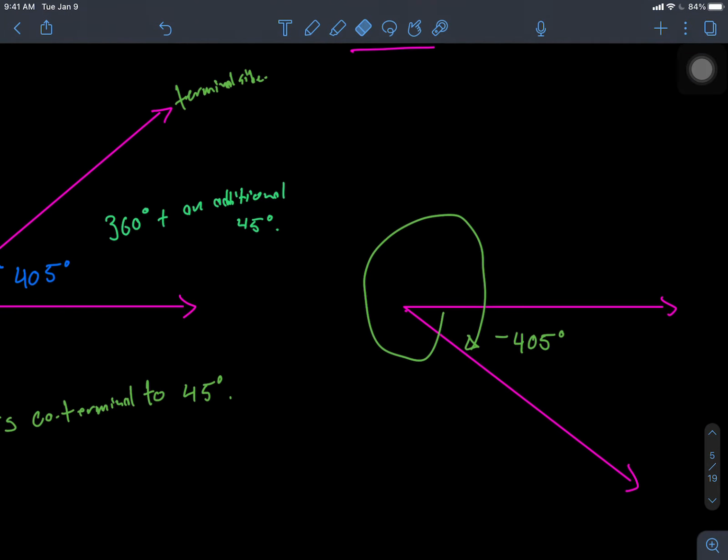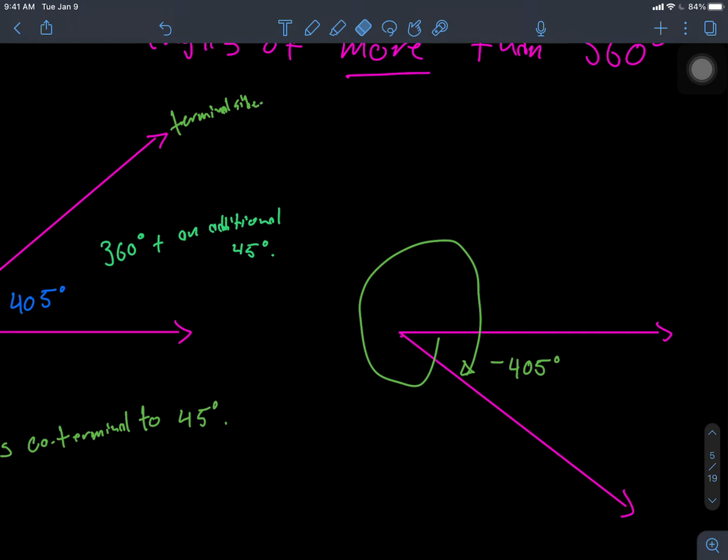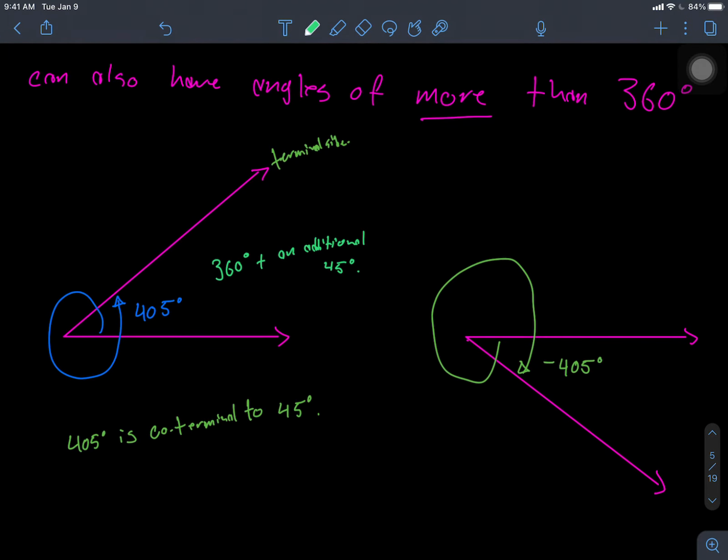And likewise, we could do a negative angle of 405 degrees. It'll look a little bit different, because when we do a negative angle, we're going to move in a clockwise direction. So we start here, we go all the way around to 360, and we're back facing where we were originally facing, and then we go another 45 degrees after that, and wind up on this terminal side.